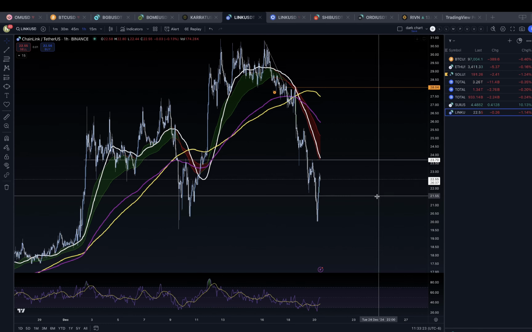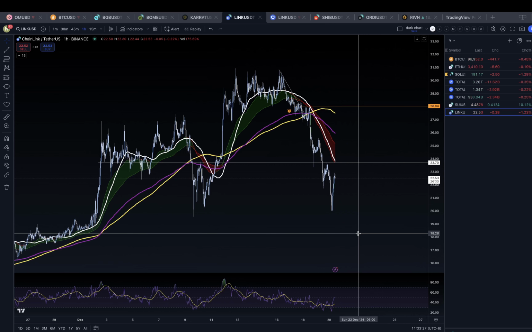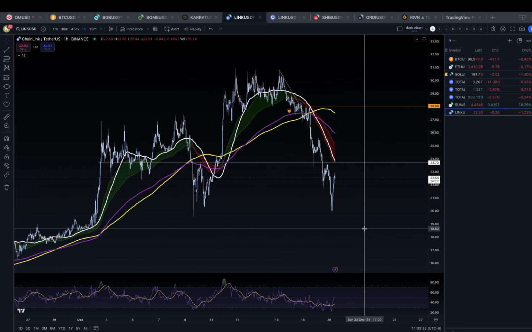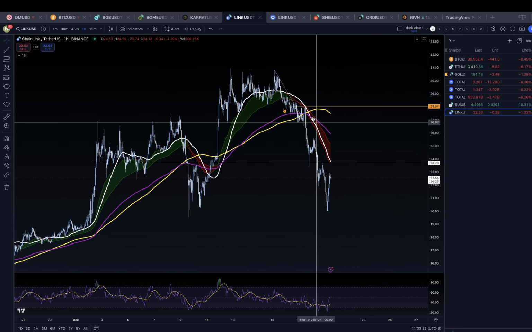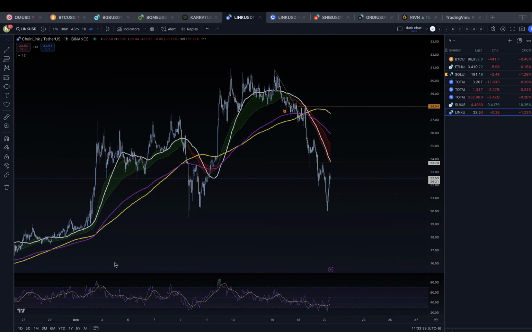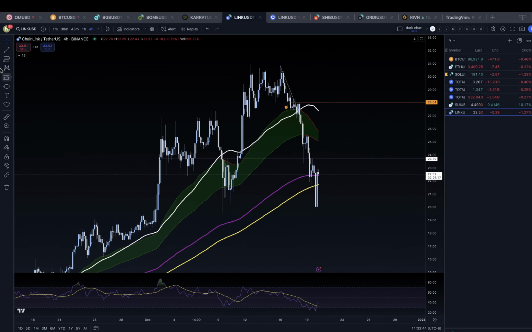So yeah, Link, I know we had this Link long, guys. Bouncing nicely off support, I will say. But I don't know, with the way BTC's looking, I don't know if I want to try to swing this to these highs again. That's why I got out. I do like that you're closing back above the 4-hour 200. Those are good things.